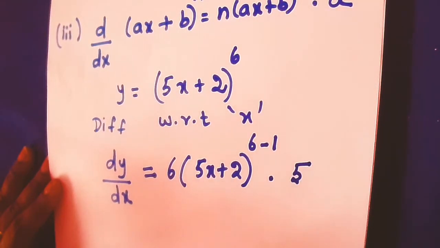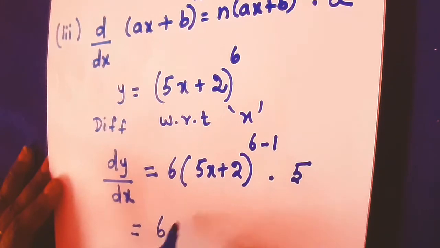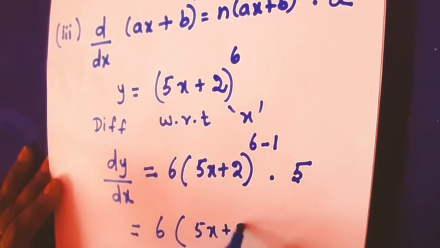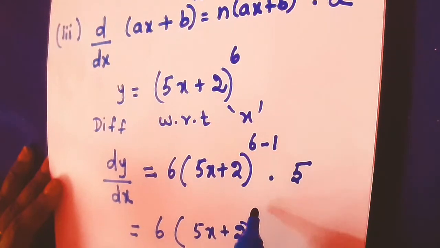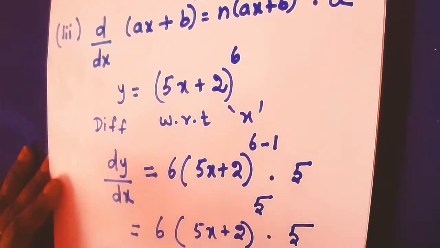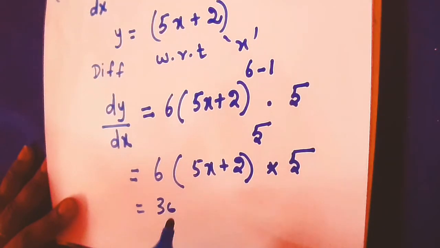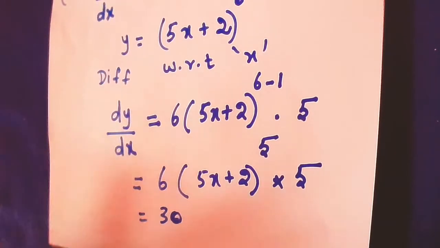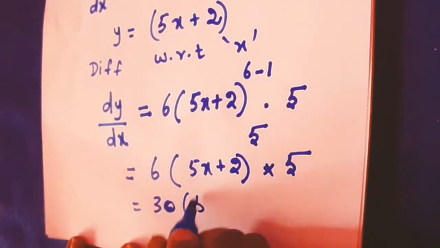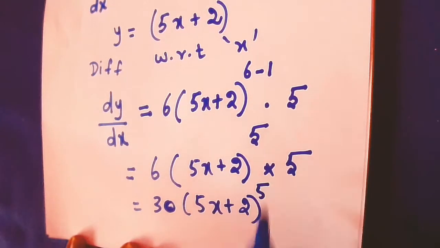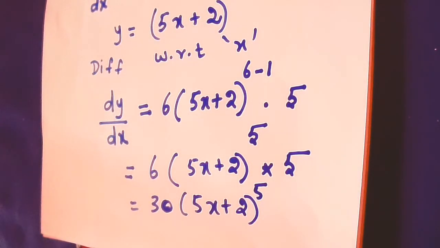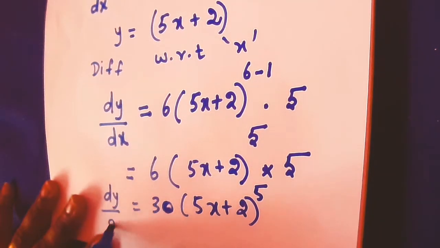So it is 6 times (5x plus 2) the whole raised to the power 6 minus 1, times 5. 6 fives are 30 times (5x plus 2) to the power 5. This is your dy by dx.